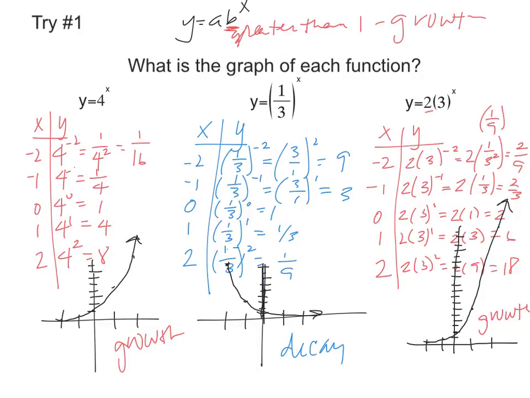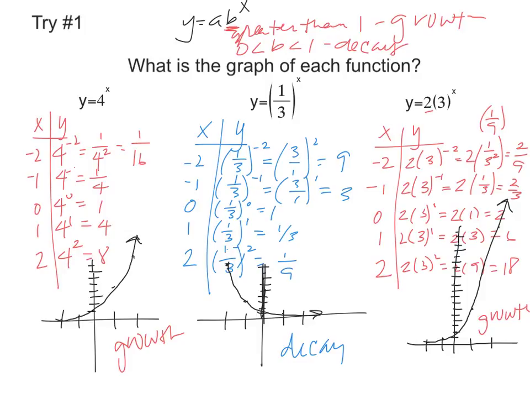And if it's decay, it's between 0 and 1. And then the a in this case is really just going to kind of stretch. It kind of determines the stretch factor here.